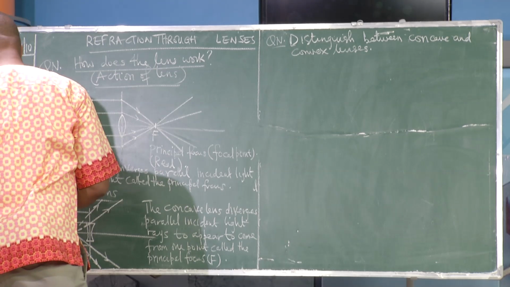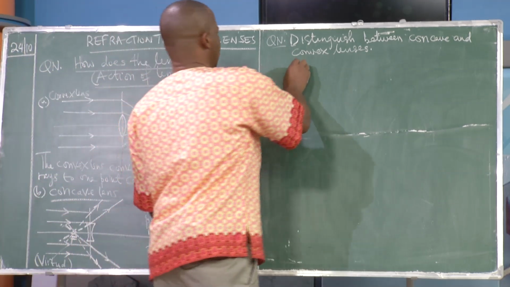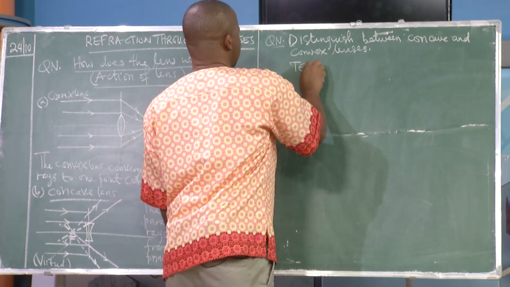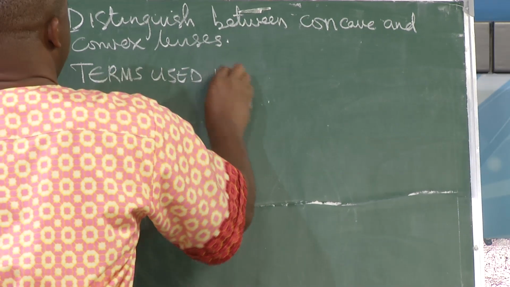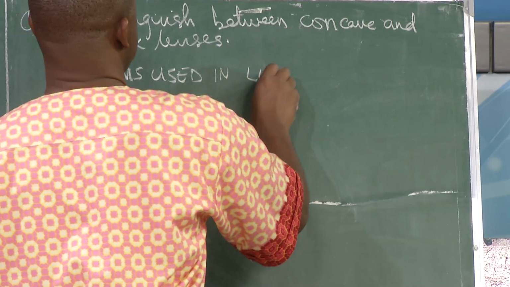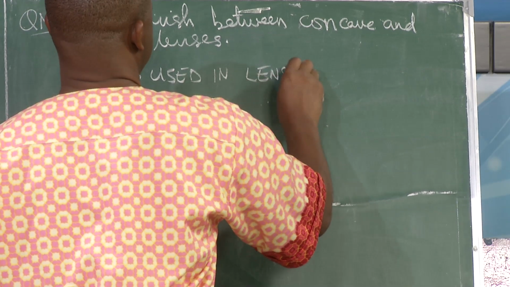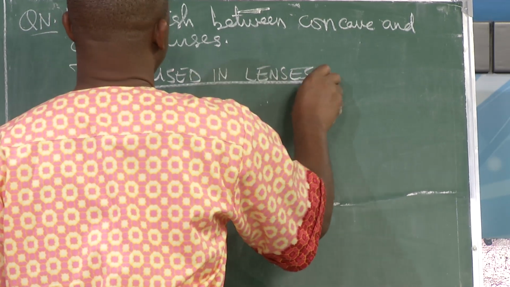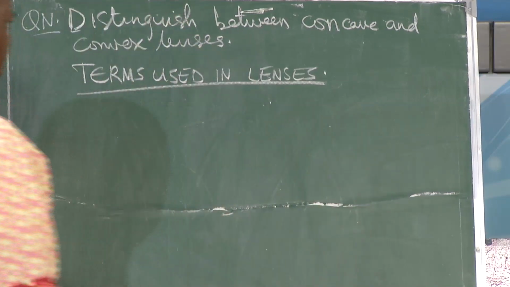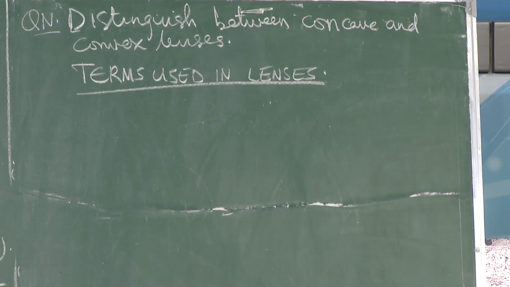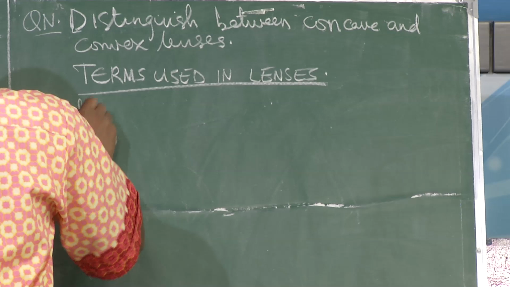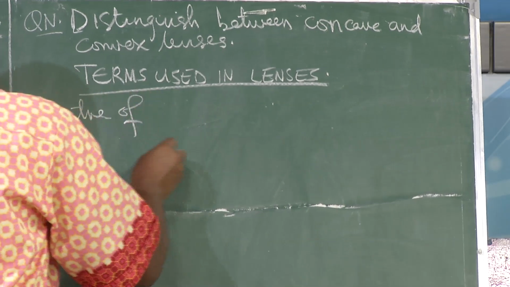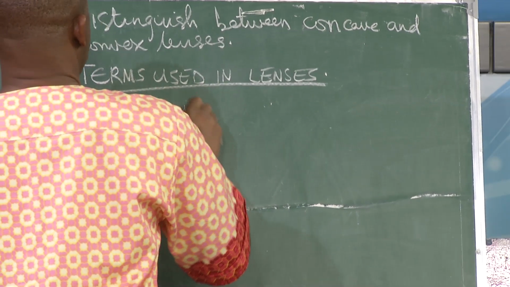I want to look at a few terms that are used in lenses and their definitions, and we can begin by looking at the center of curvature.